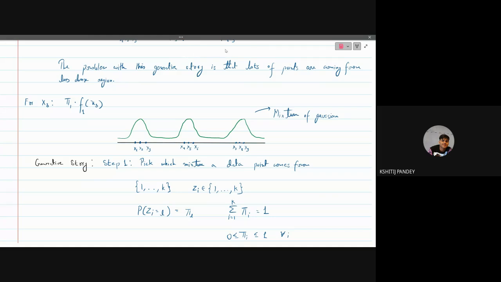This is the probability that it is getting generated from this normal distribution. Similarly, for the rest, you will have pi 2 into f2 of x3 plus pi 3 into f3 of x3. So this is how a point gets generated.